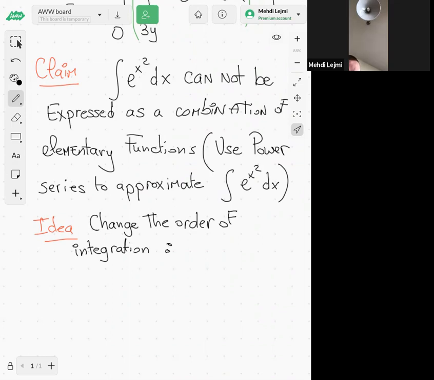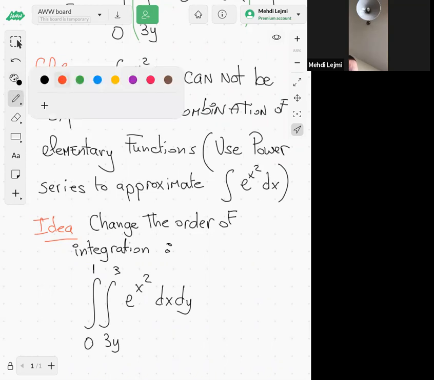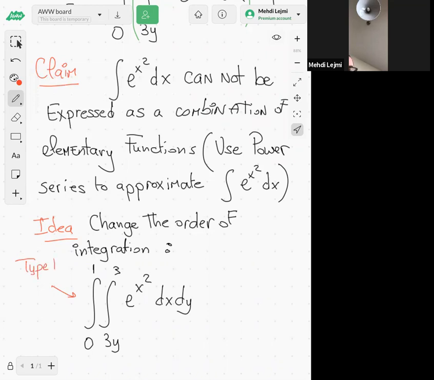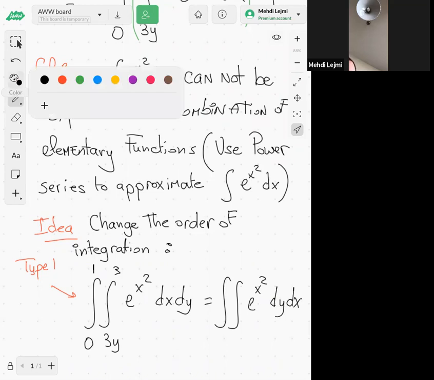Here's my integral of e to the x squared, I had this dx dy. We said x is between 3y and 3, y between 0 and 1. So this is type 1. If you change the order of integration now, this is e to the x squared, now dy dx. So this is now type 2.